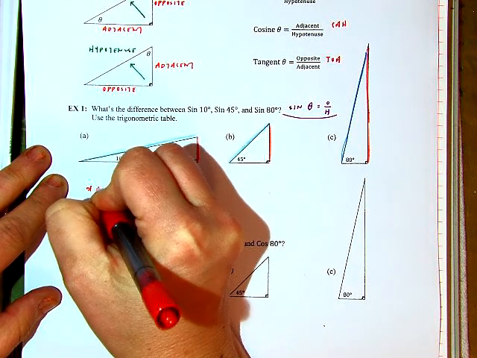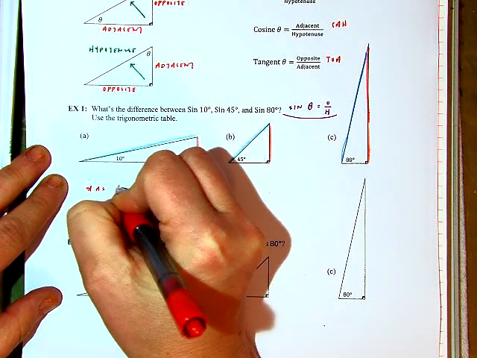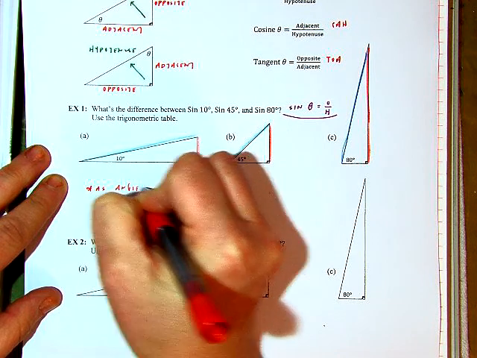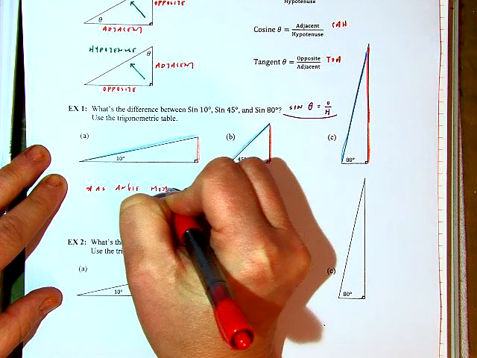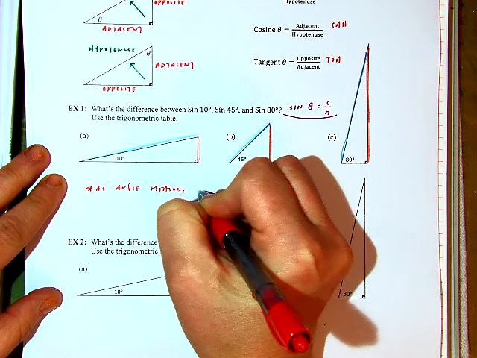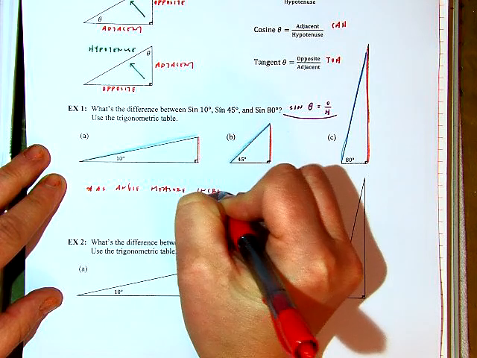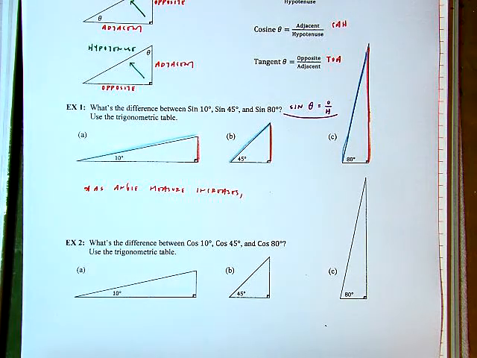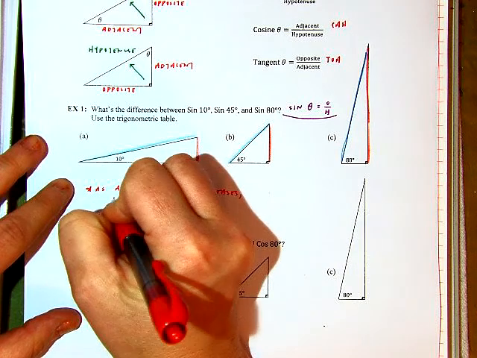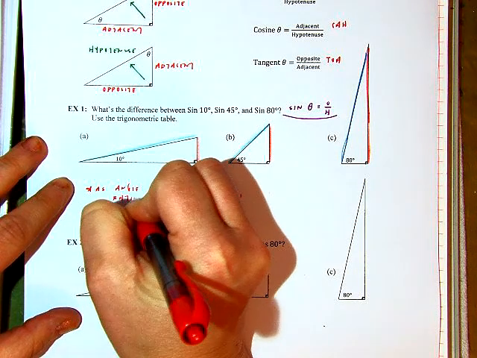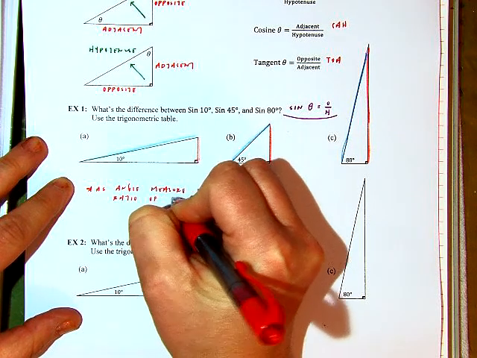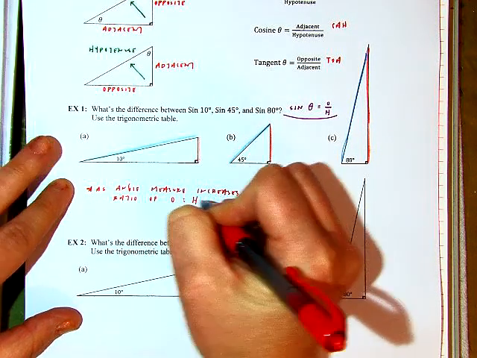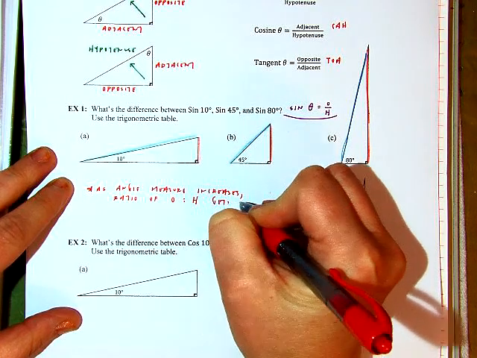Let me write that. All right, so as the angle measure increases, the ratio of the opposite side to the hypotenuse gets closer to 1.